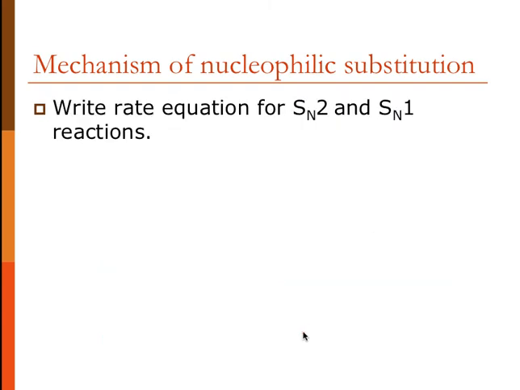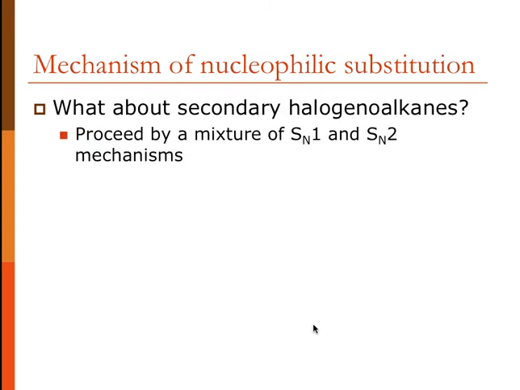So then you might be wondering, well, we'll get back to this in class. You might be wondering, what about secondary halogenoalkanes? Well, they proceed by a mixture of both the unimolecular nucleophilic substitution and the bimolecular nucleophilic substitution.